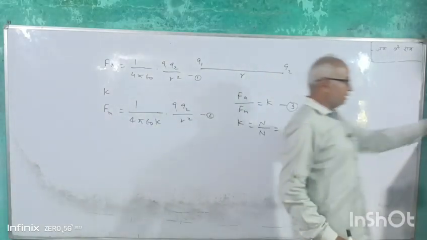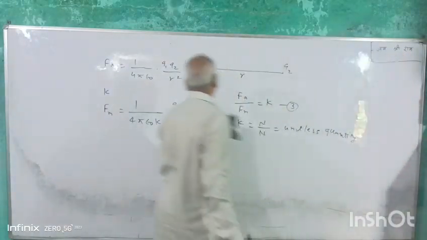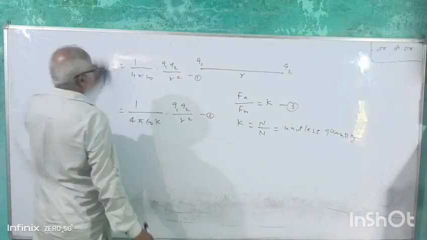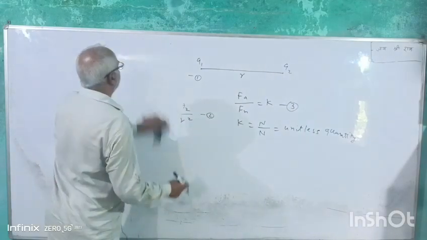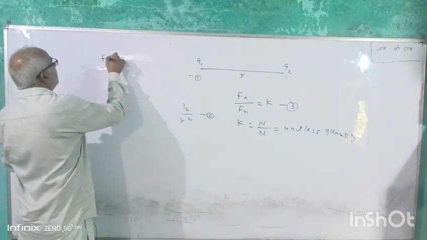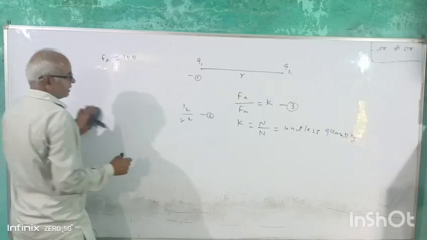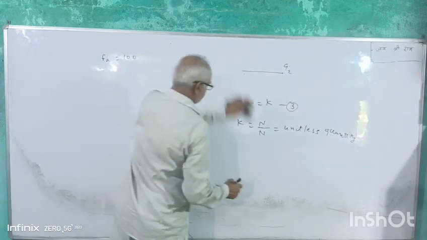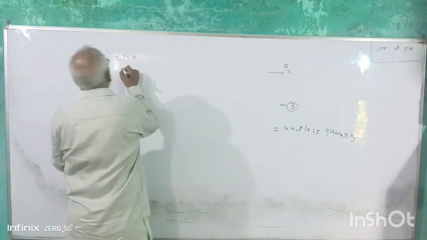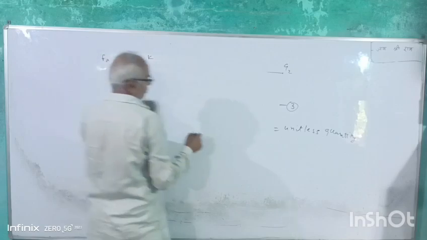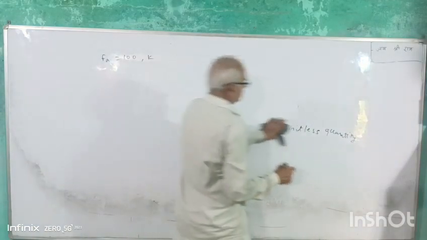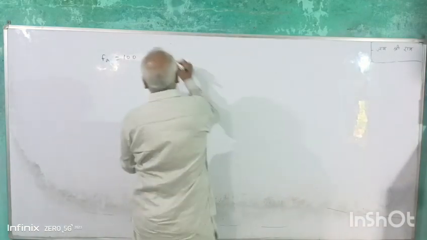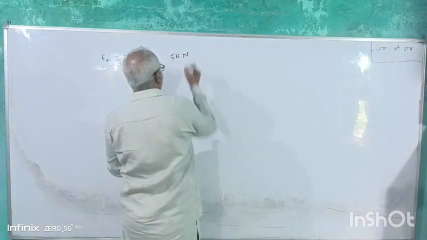Let the force acting between two charges kept in air be 100 Newton. If they are placed in a medium of dielectric constant K, then the force acting between the charges is 50 Newton.